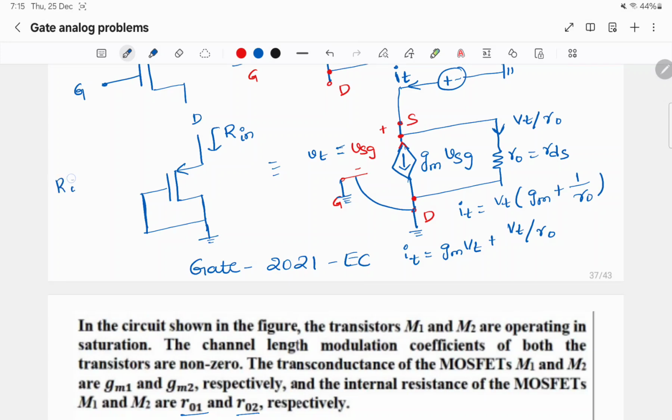So Rn is Vt by It, which is 1 by Gm plus 1 by R0. If we rewrite this, we will get 1 by Gm parallel R0. So the equivalent resistance looking from the source is 1 by Gm parallel R0.